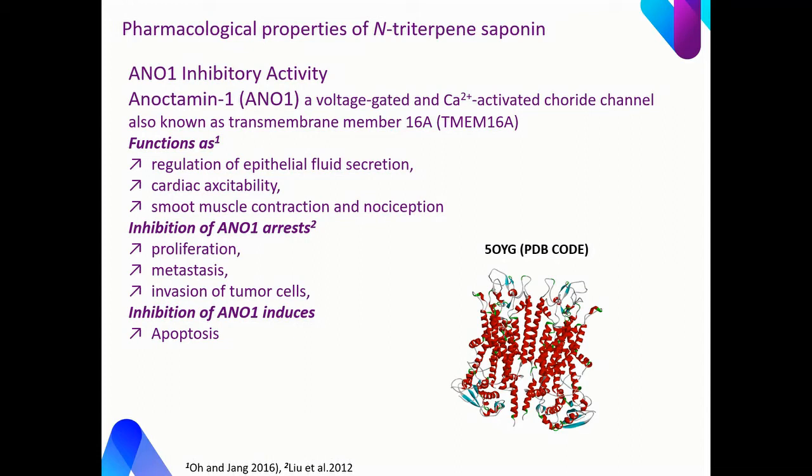The inhibition of anoctamin 1 arrests the proliferation, metastasis, and invasion of tumor cells in the human body, and also inhibition of anoctamin 1 induces or triggers the apoptosis pathway.